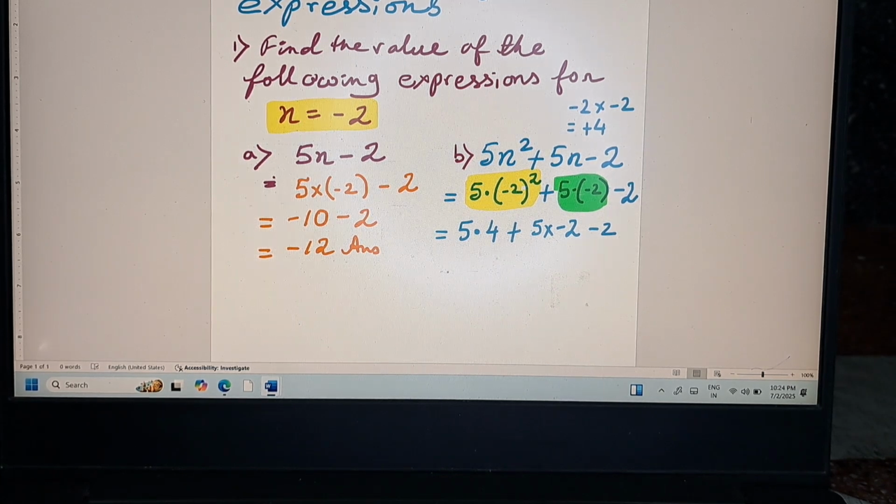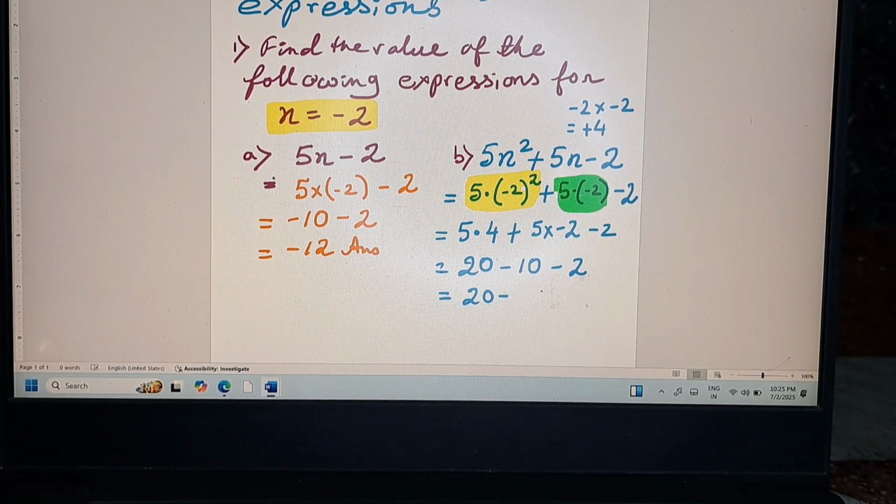The sign will change. 5 into 4 is 20, plus minus will give me minus 10, and minus 2. So 20 minus 10 minus 2 will give me 20 minus 12, and the answer will be 8.